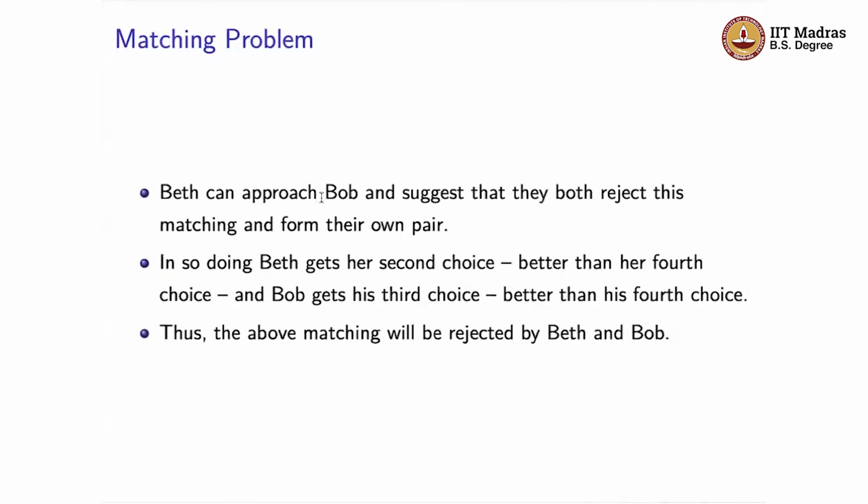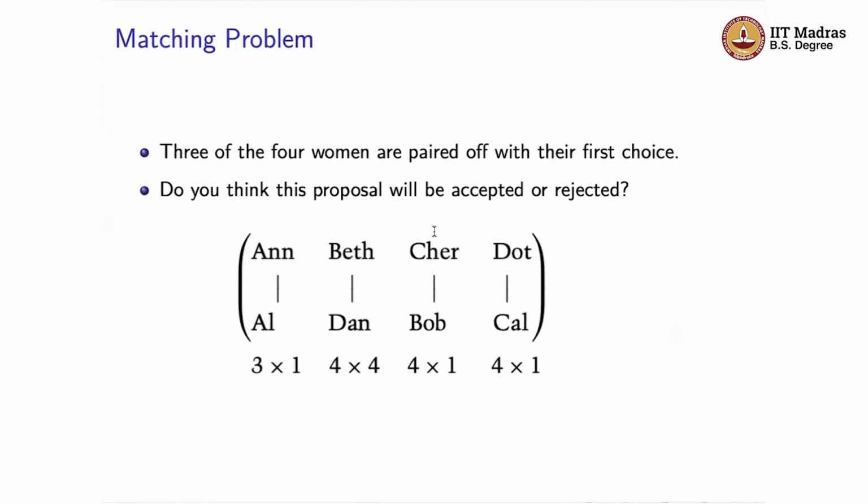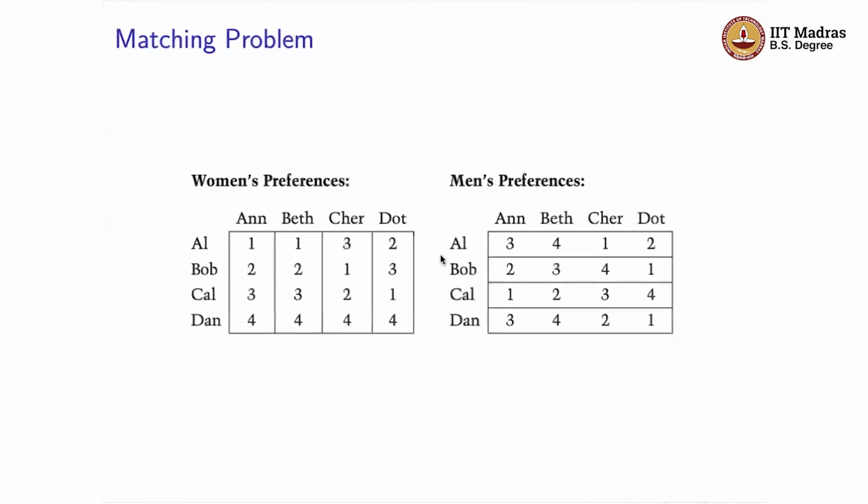Suppose that Beth approaches Bob and suggests that both of them reject this matching and form their own pair. Is this something that Bob is going to agree to? Bob has been matched to Cher, which is Bob's fourth option, so clearly Bob prefers Beth over Cher as husband and wife.